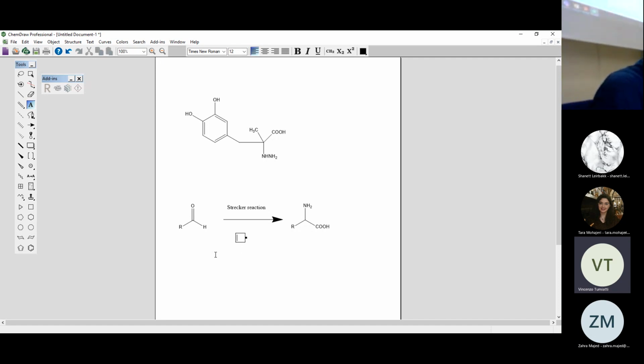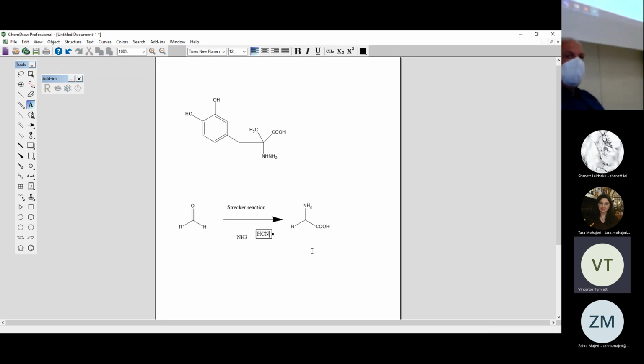The reagents are ammonia and cyanhydric acid. So we can put together ammonia and cyanhydric acid together with the aldehyde, and then in one pot, in one step, we can have an amino acid.